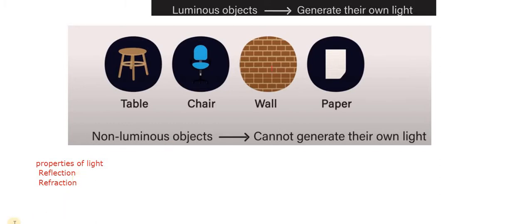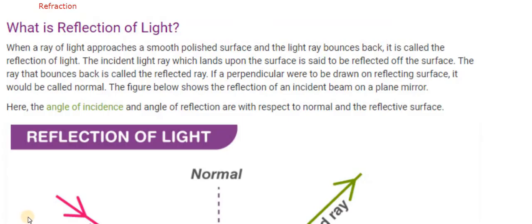Here is the question: what is the reflection of light? When a ray of light approaches a smooth polished surface and the light rays bounce back, it is called the reflection of light.